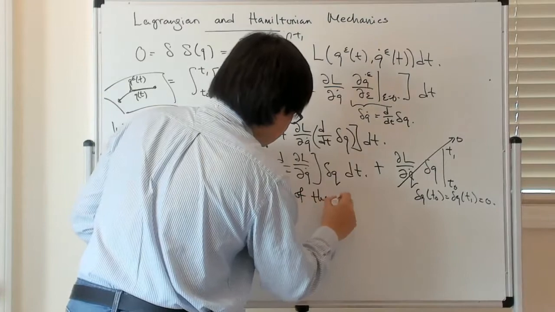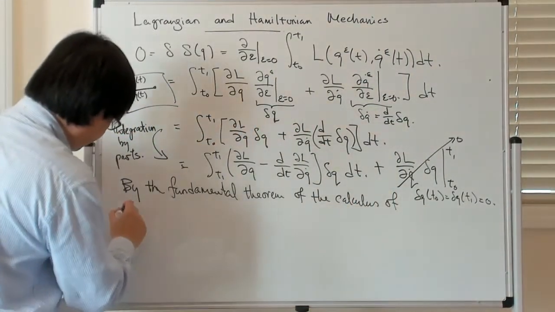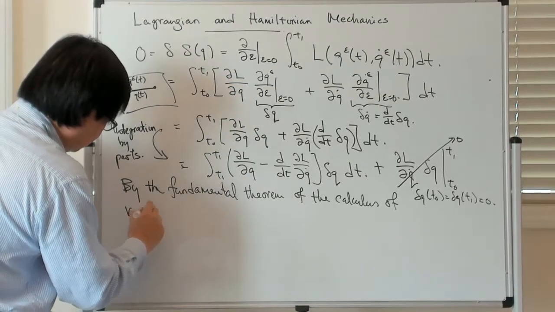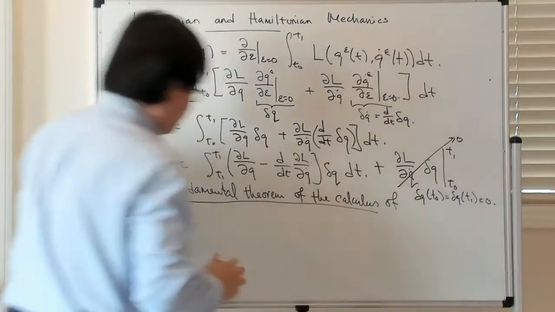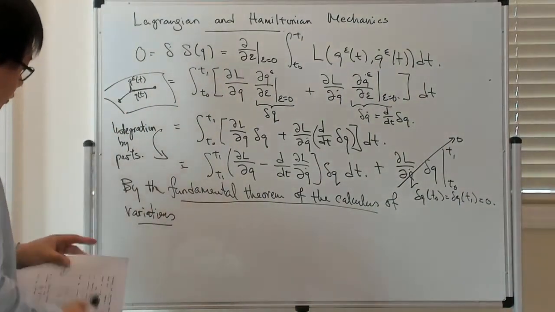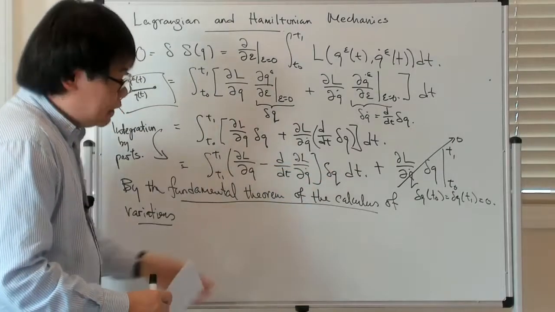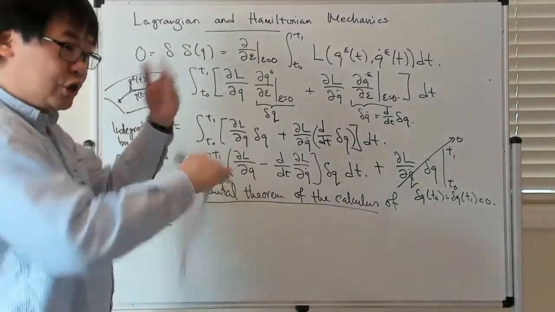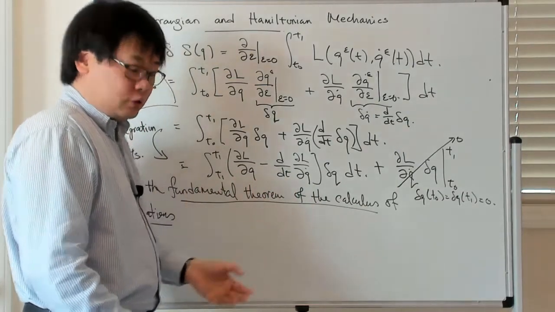In order for this integral to vanish for all variations which keep the endpoints fixed, this thing in the parentheses has to vanish pointwise.